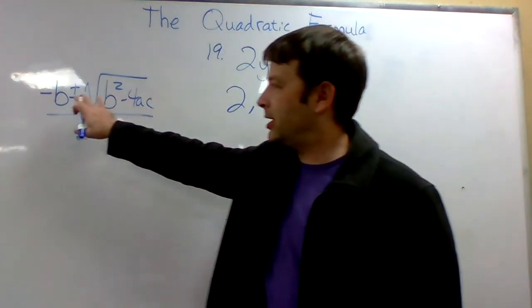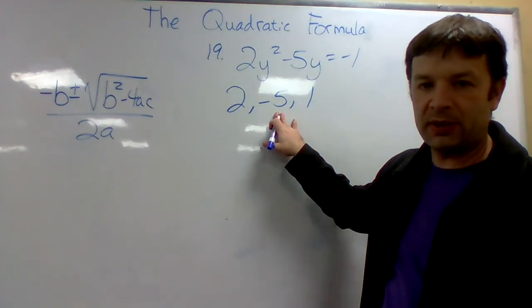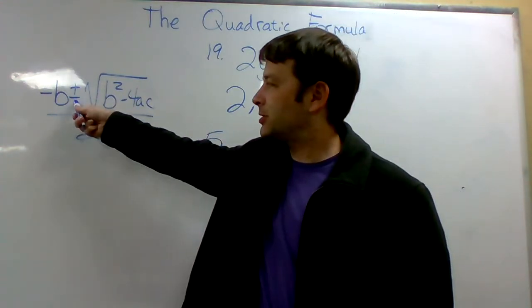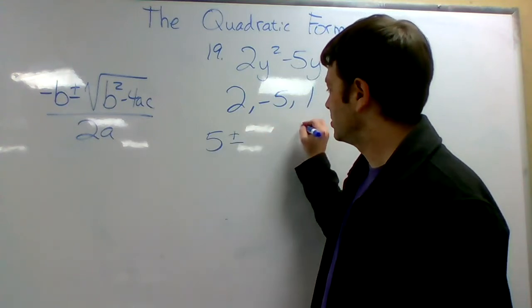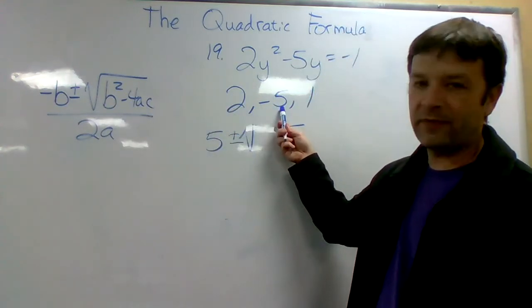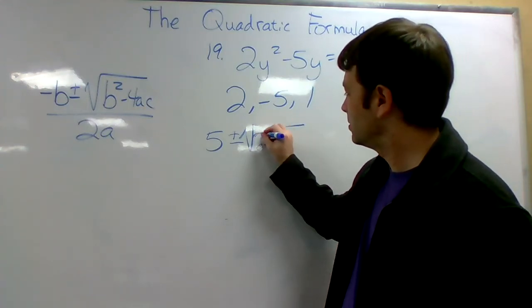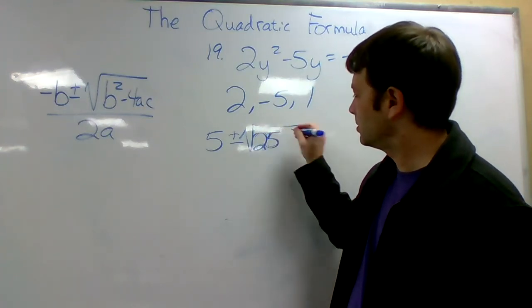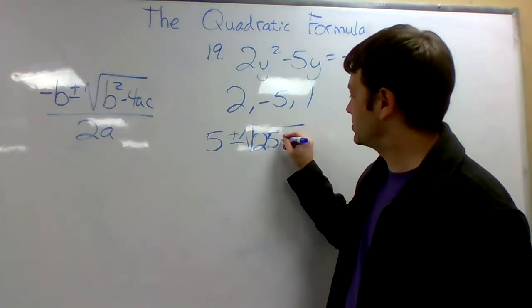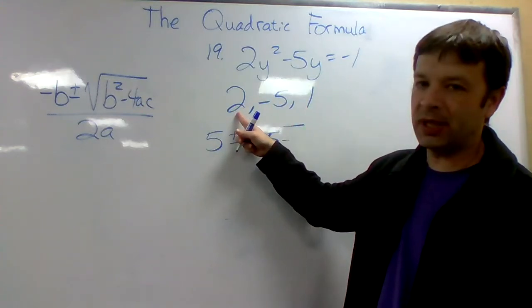Alright, so negative B is -5. We've been doing a lot of negatives, so that would be a +5 plus or minus square root of B squared. -5 times -5 is 25. Alright, minus 4 times A times C. 4 times 2 is 8.